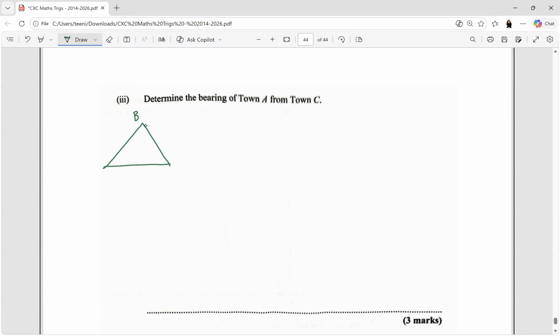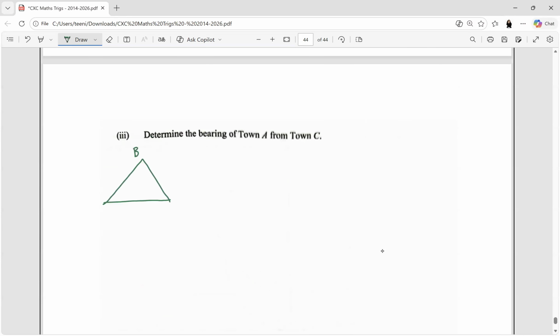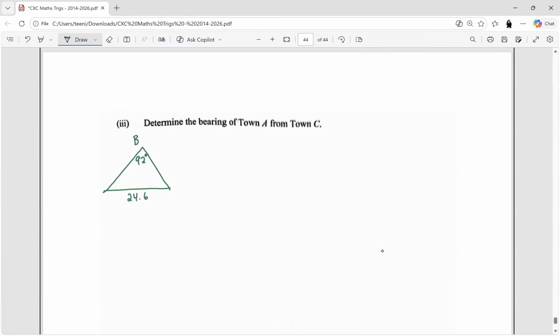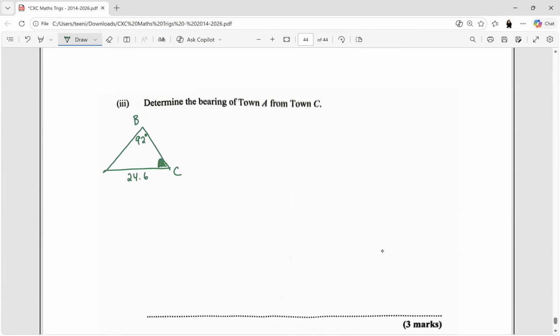This is B, and this was how much? 92 degrees. So here is 92 degrees, and this side is 24.6 km. All right, and then I want to find angle C, which is this unknown angle here. This is what I want to find, and that's opposite the known side of 15 km.